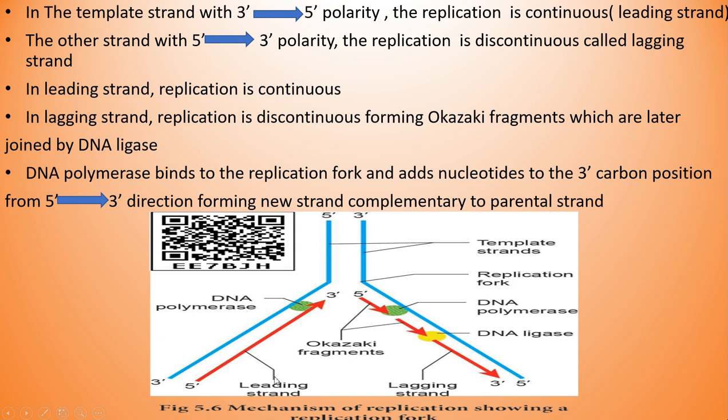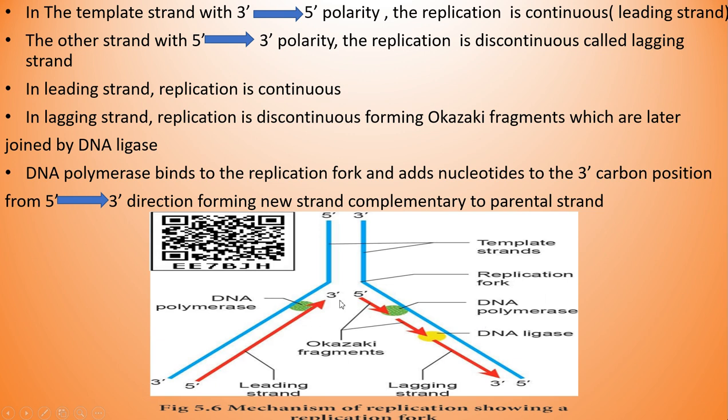One daughter strand is the leading strand, because the replication is continuous. The other new strand is the lagging strand, because the replication is discontinuous, forming Okazaki fragments which are sealed or joined by DNA ligase. The addition of nucleotides is done by the enzyme DNA polymerase.